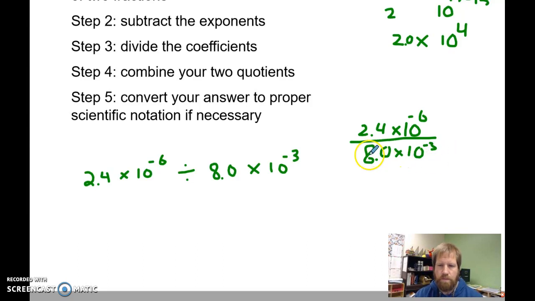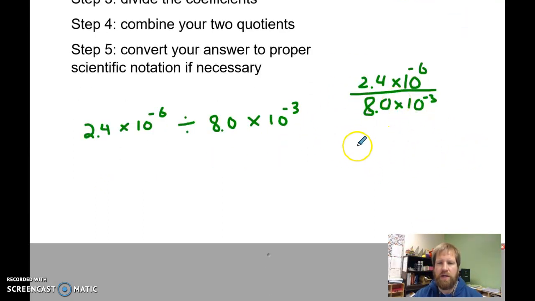Okay? Now that it's in vertical notation, I can split it up into my two problems. 2.4 divided by 8.0 times 10 to the negative 6th over 10 to the negative 3rd.